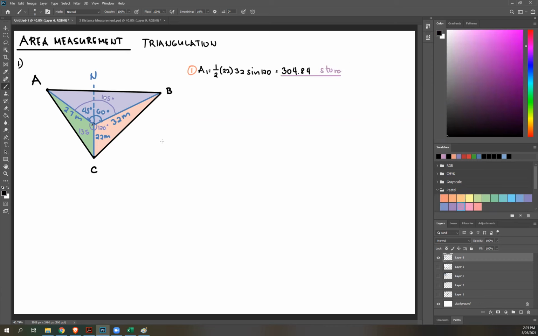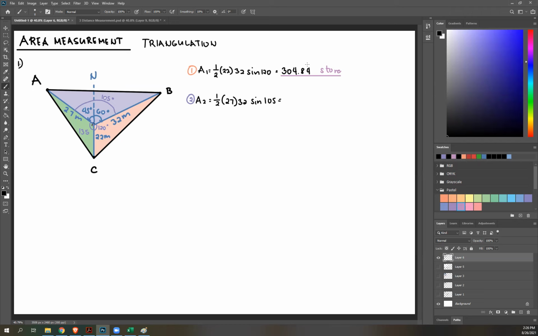Next, area 2. Let's choose this, the violet one. Again, 1/2 AB sine theta. So A, 27, B, 32, sine of the angle in between, that's 105.